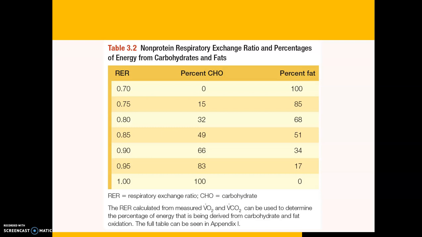Kalau kita tengok pada table ni, for example, kalaulah RER 0.75 here, you can see at this RER of 0.75, approximately 85% of the total energy expenditure is coming from fat oxidation, whereas 15% is contributed by the metabolism of carbohydrates.